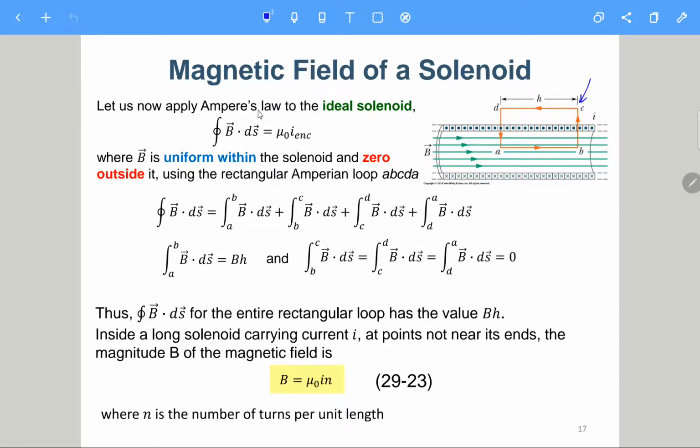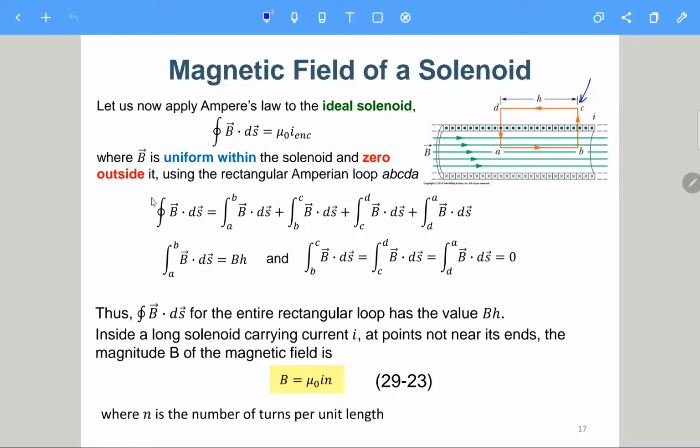So in this case, we apply Ampere's law. On the left side, we have this line integral for this rectangle ABCD. We need to go from A to B to C to D and then back to A. The width of this rectangle is h, and the height is not really important here.